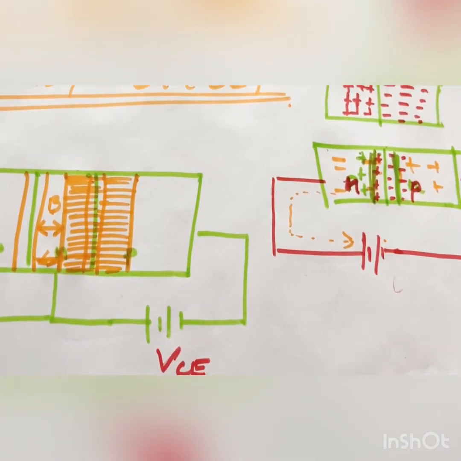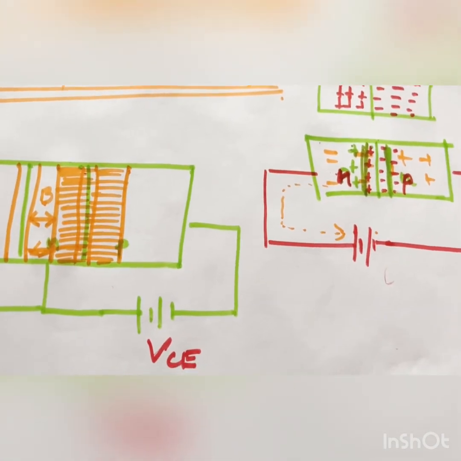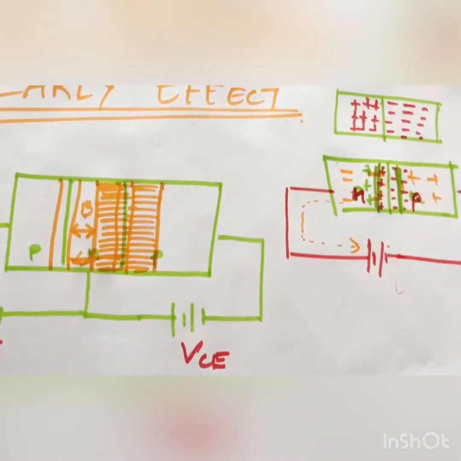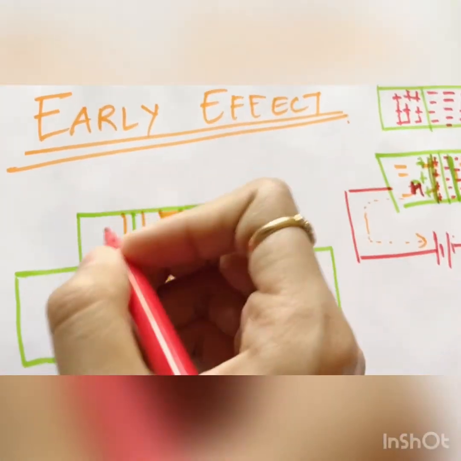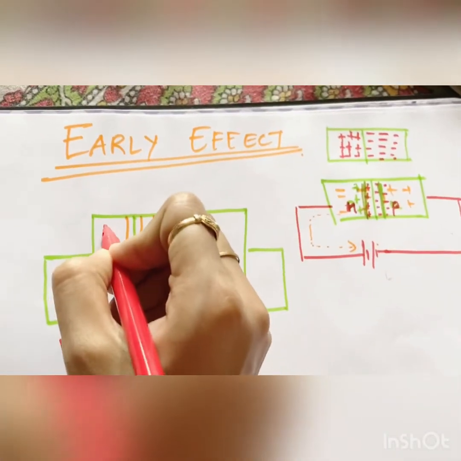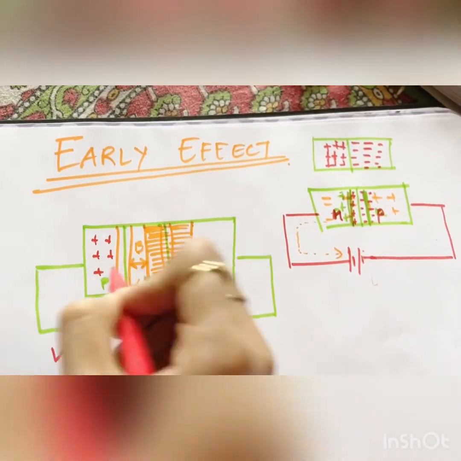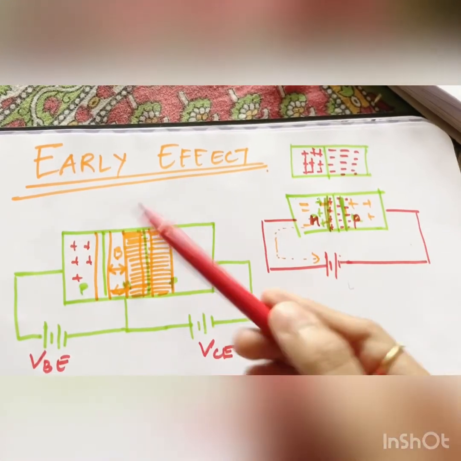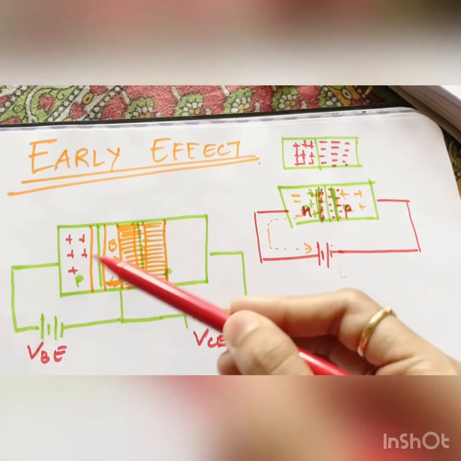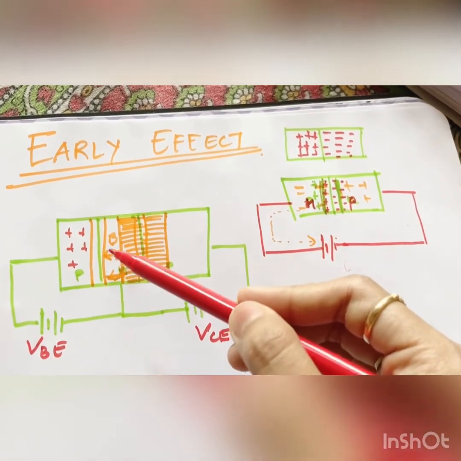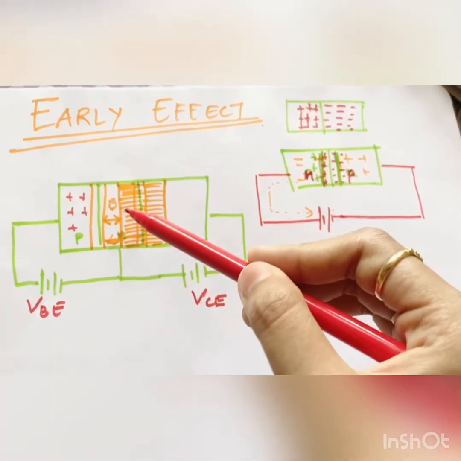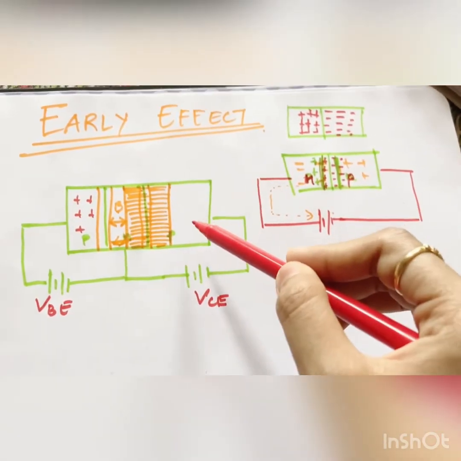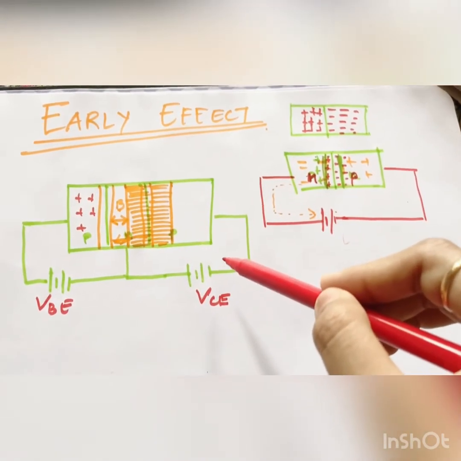We know that the base is very lightly doped, and here we have positive holes as the majority carriers. This is how the transistor works: these positive holes pass through the base, and some recombine. Since it is very lightly doped, then they are collected in the collector region, which is a negative terminal.